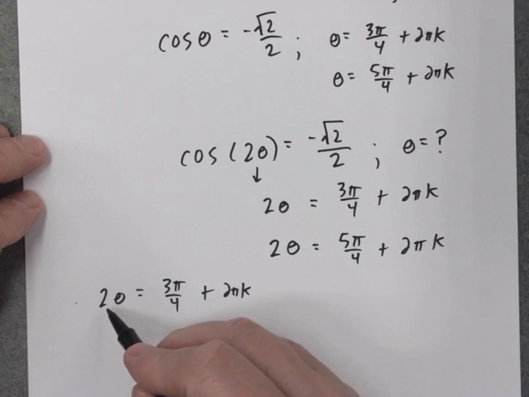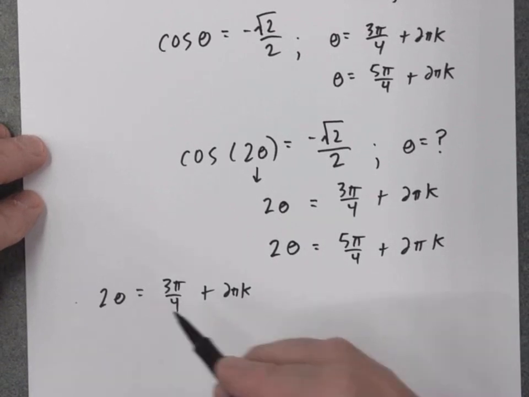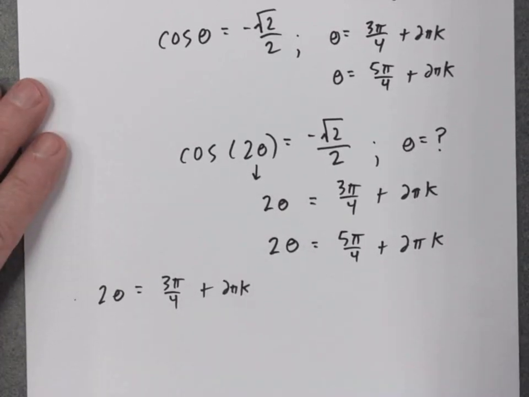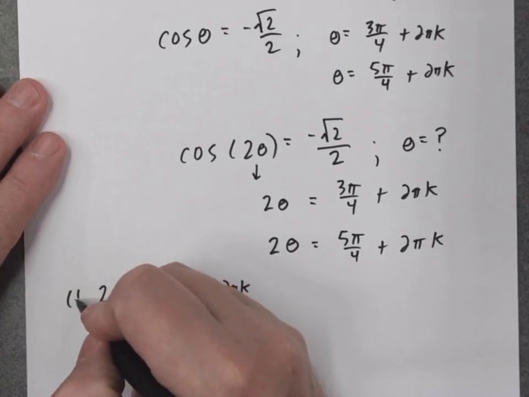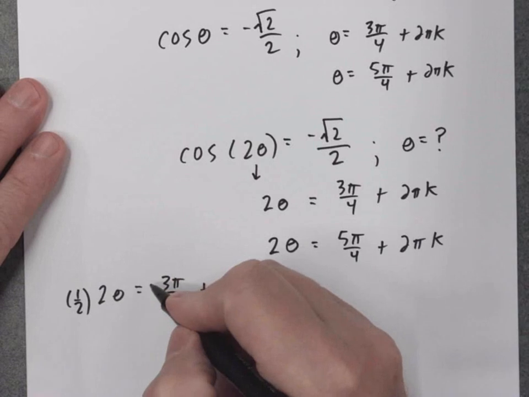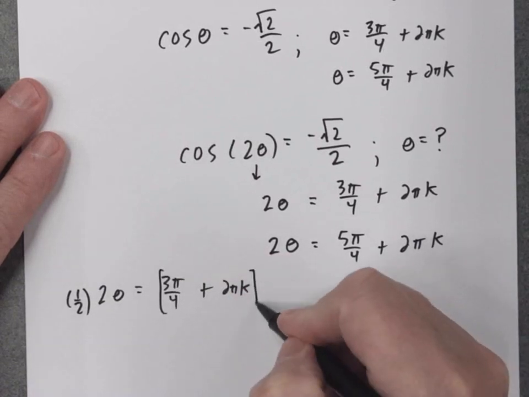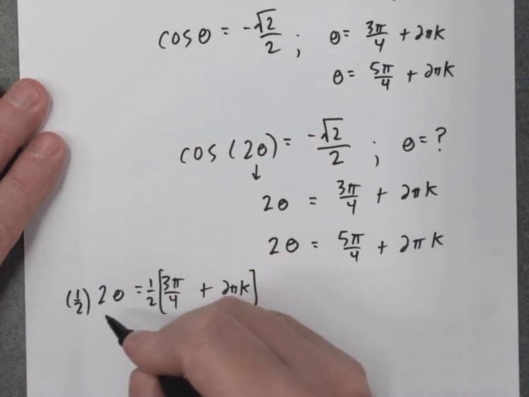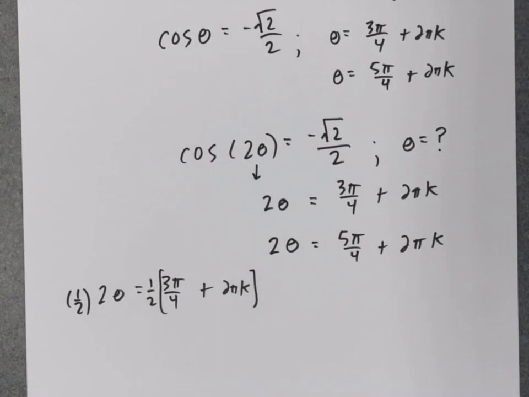Now to get rid of this, I can divide both sides by 2, or another way to think about it is you can multiply both sides by a half. That's the same thing. I might actually multiply by a half because it may make the math a little bit simpler to see. So dividing by 2 or multiplying by a half, you're doing the same thing.